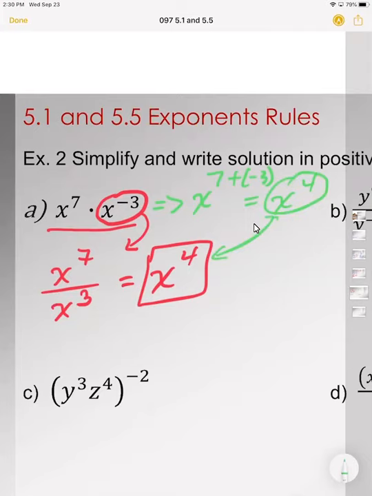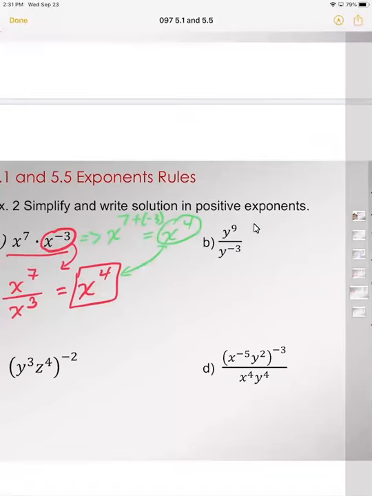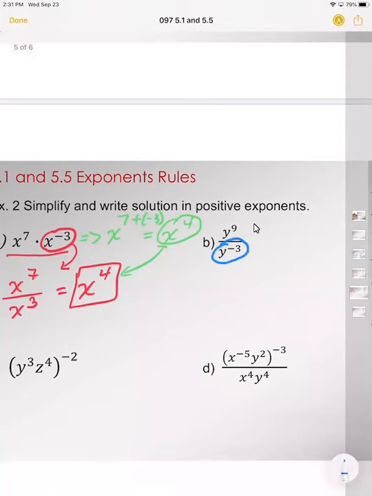But like I mentioned, I want to keep it consistent, and I will tell you guys to keep it consistent. If you have a negative exponent, it tells you that it does not belong there. So in this case, if you look at B, do you agree that the negative exponent is on the denominator? And if it's on the denominator, it tells me that it does not belong there.